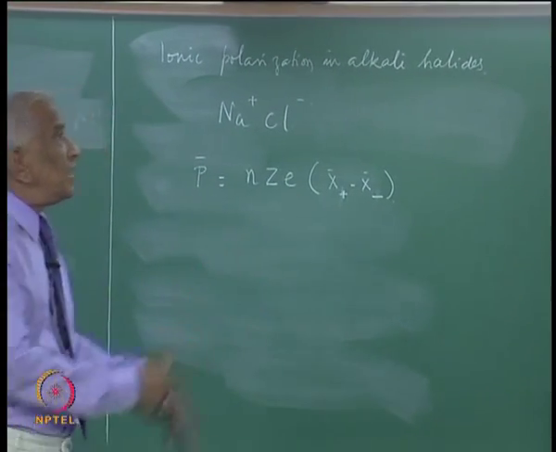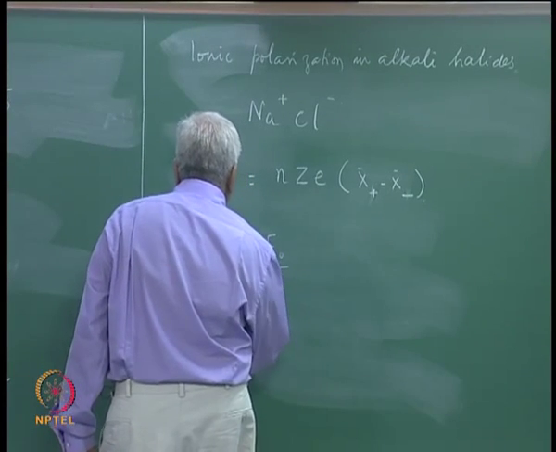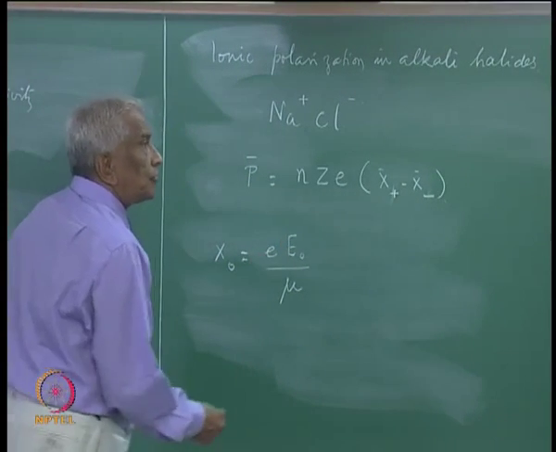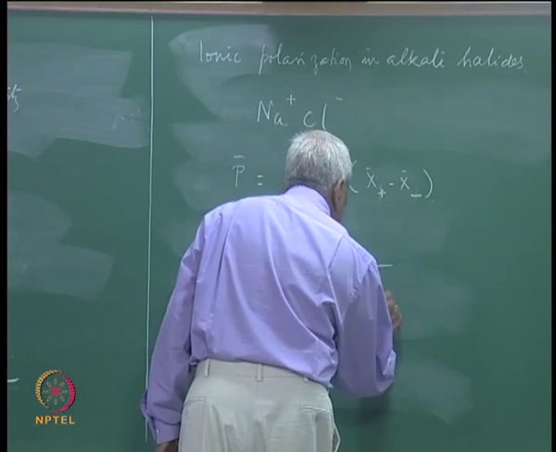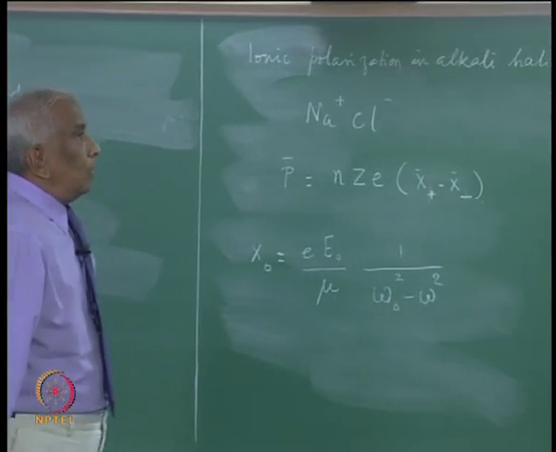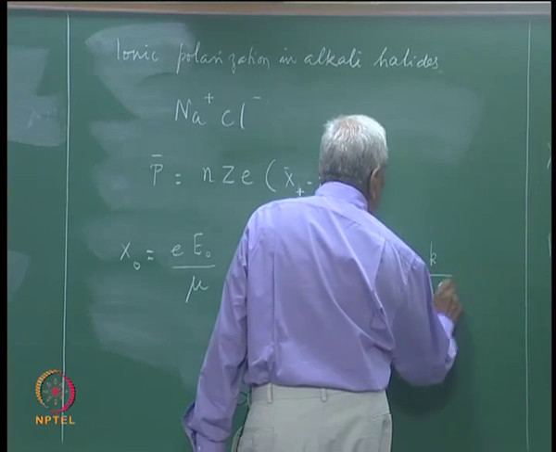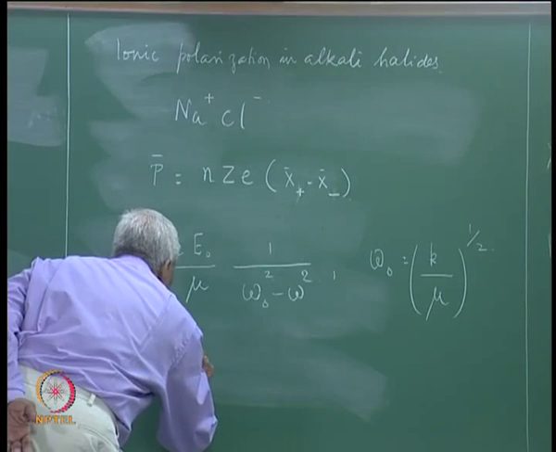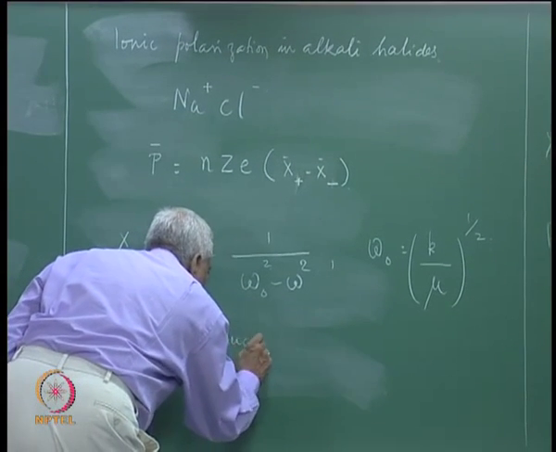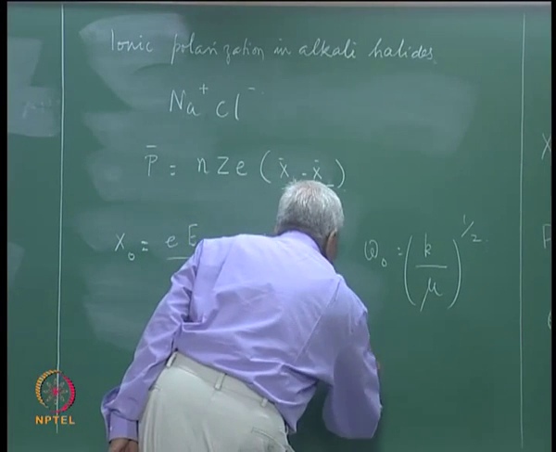And again, following the same procedure, we go to the equation of motion and solve it, and so on, where omega naught is k by mu to the power half, and mu is the reduced mass of the two ions.